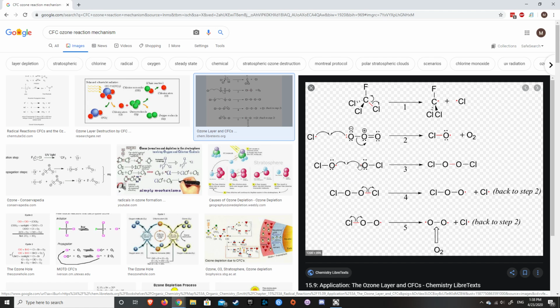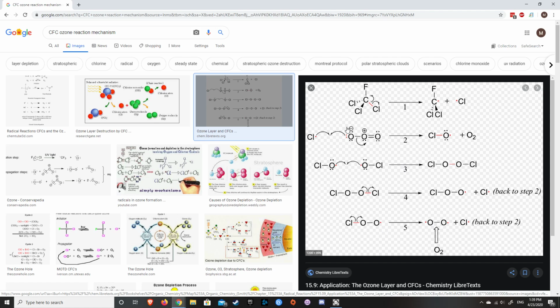As we said, when radicals react together, they terminate. So once it terminates, it regenerates. It forms a stable structure. It regenerates O2. So basically, these chlorine and oxygen bonds break, and they terminate themselves.